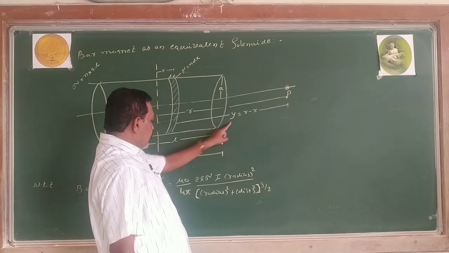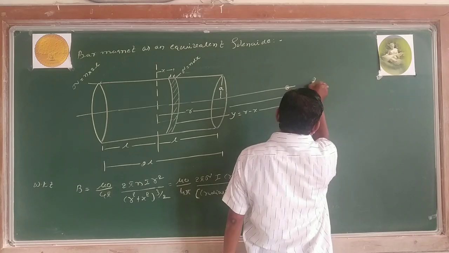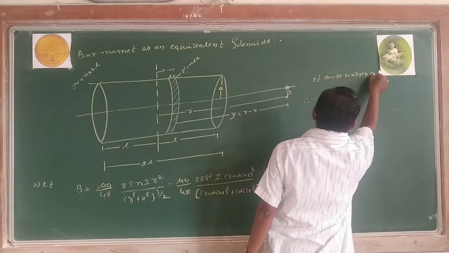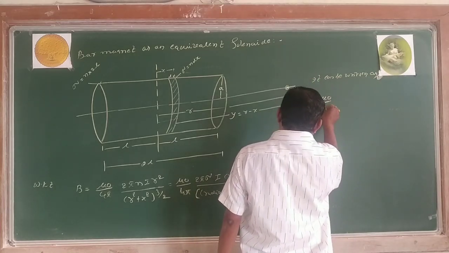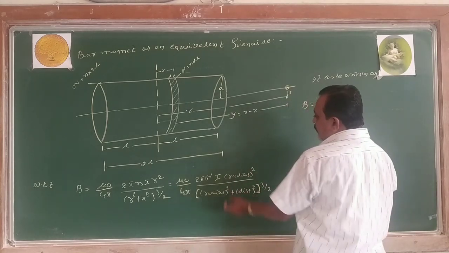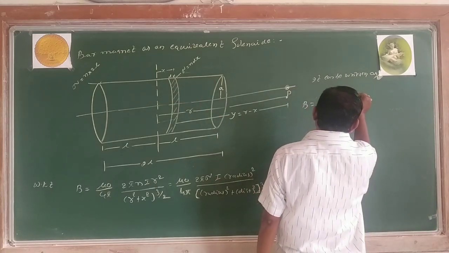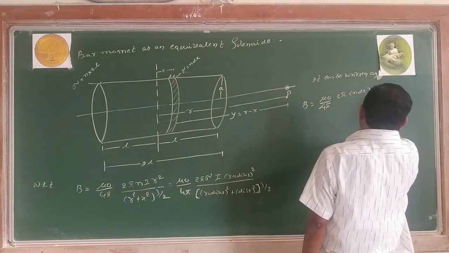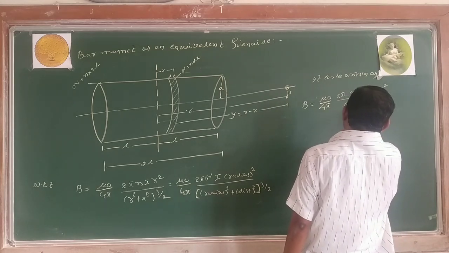So, it can be written as magnetic field B equals mu naught divided by 4 pi, 2 pi, considering n for this much portion, N equals n into dx, into a square, where a is the radius, divided by a square plus y square to the power 3 by 2.